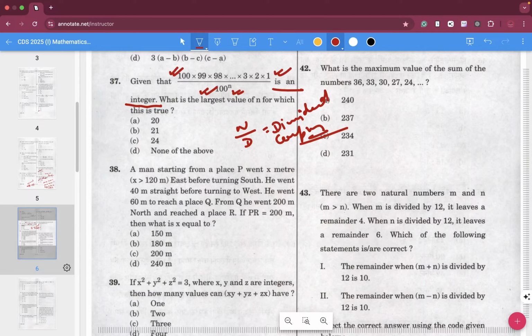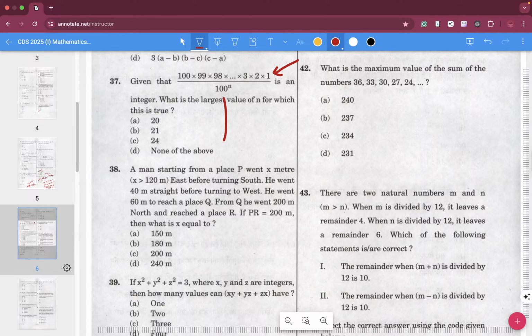So over here we are worried about finding the number of fives in the numerator and the number of fives in the denominator. How many fives are there? Over here you have 5, 10, 15, 20, 25, 30, and likewise up till 100 the number of fives will be 20.